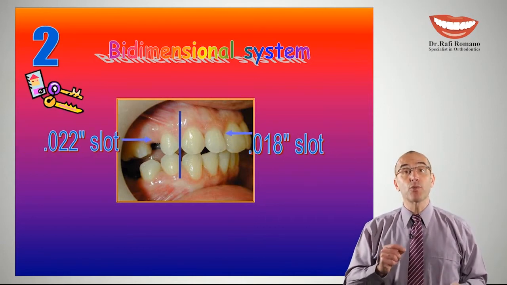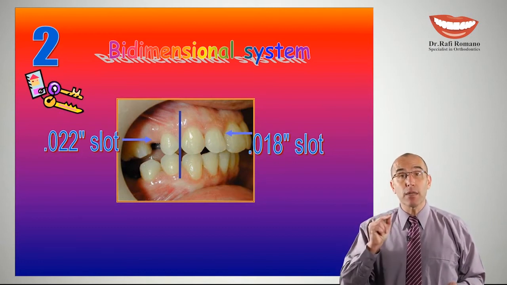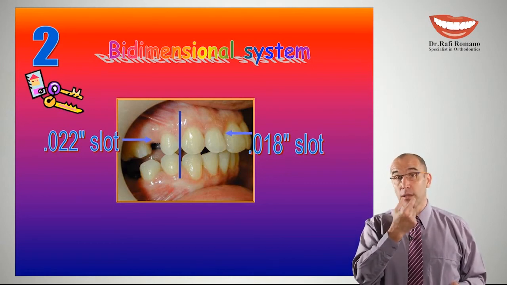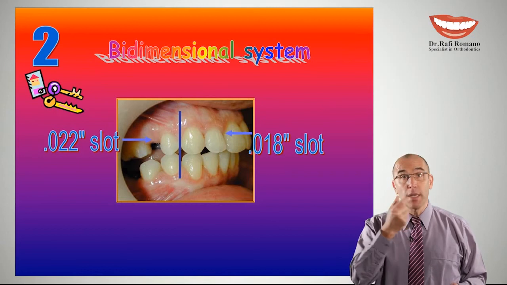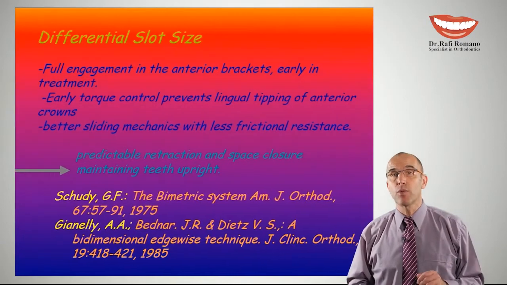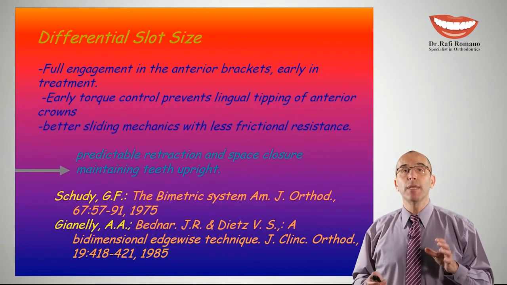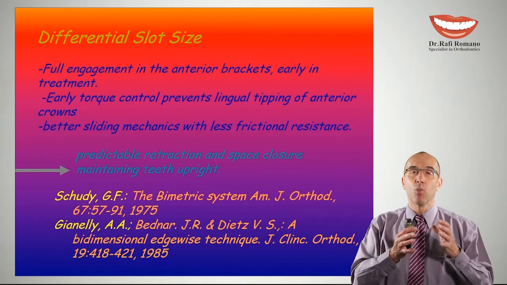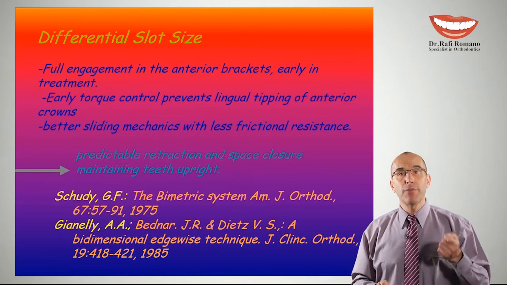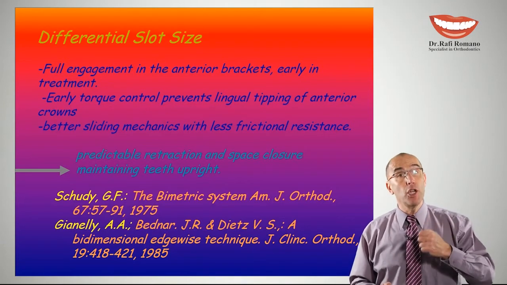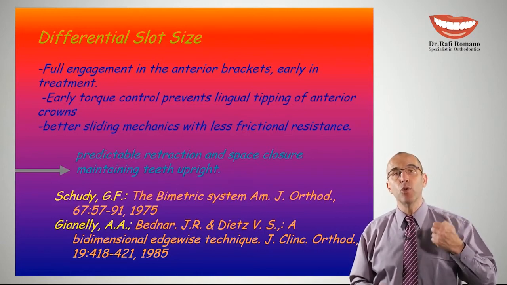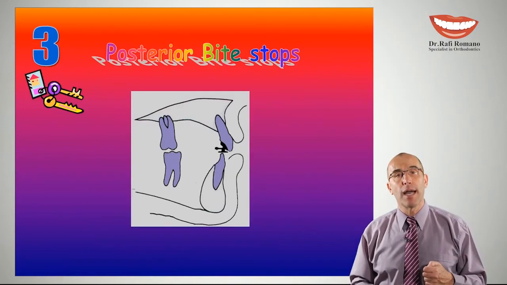In that way, if you use rectangular wire in this 18 slot, you have good control in the front with the 18 square wire, and with the 22 slot you have good sliding in the back. In that way, you add more anchorage to the system. We can do the same with different wires, which also have bidimensional sizes. If you use this system, you get early torque control in the beginning of the treatment, and in that way you lose less and less anchorage.